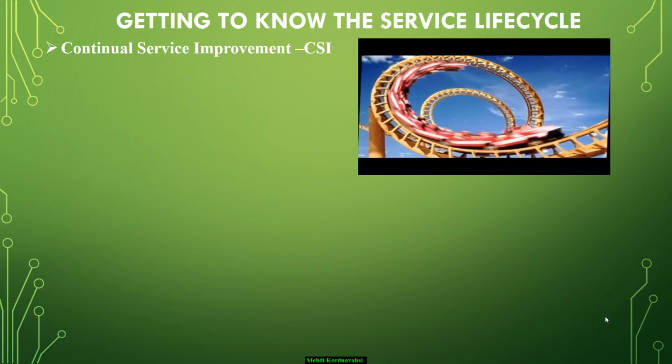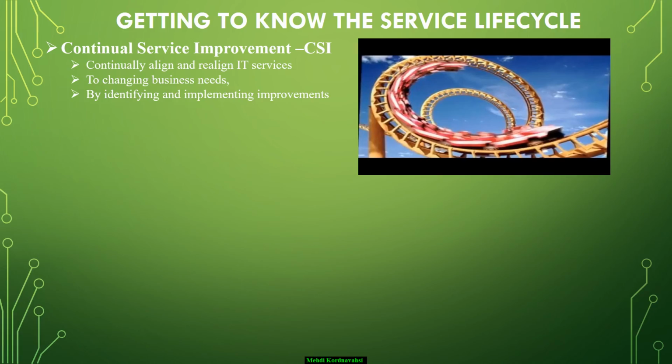The primary purpose of CSI, which stands for Continual Service Improvement, of course, in case any of you were thinking along the lines of Americans rooting about at crime scenes, is to continually align and realign IT services to changing business needs by identifying and implementing improvements to IT services that support the business processes.